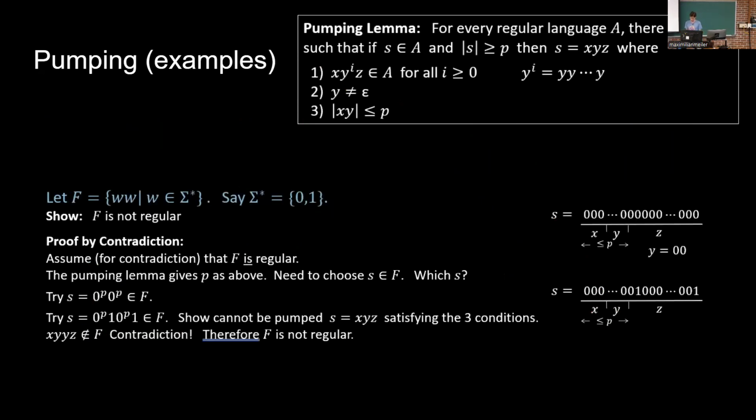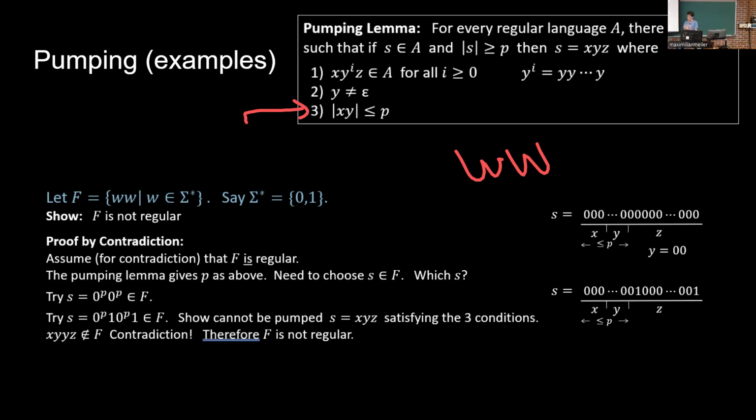We'll move on to the second example. So this is WW, just 2 of the same string back to back. Again, we want to exploit this condition. If we can force y to be a certain thing, and then repeating that certain thing will not put it in the original language, then we've done what we wanted.